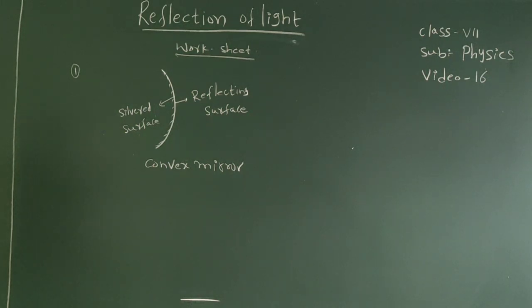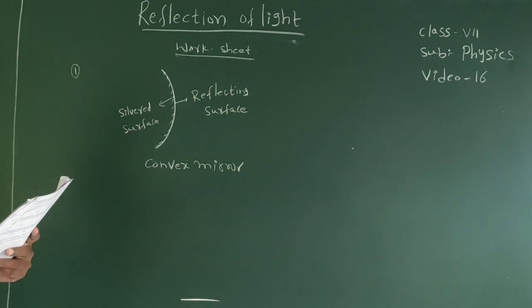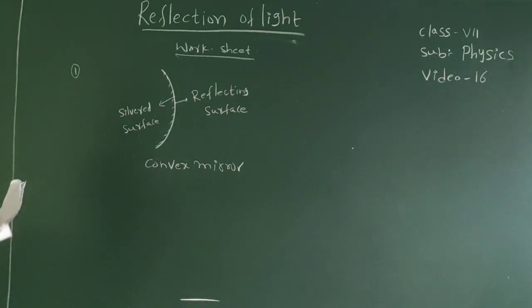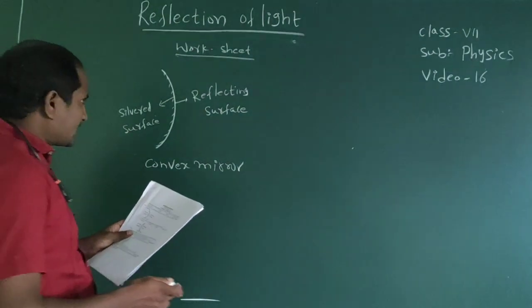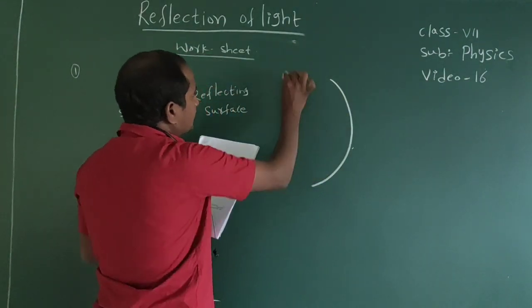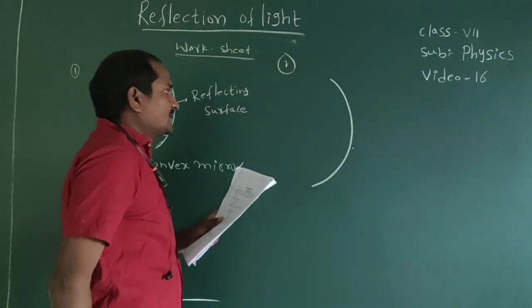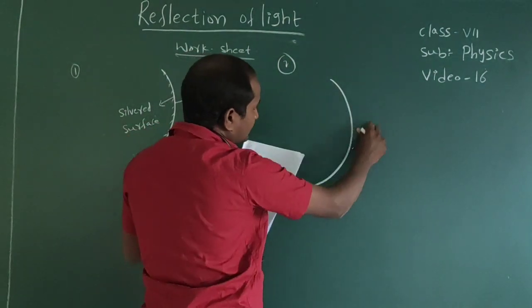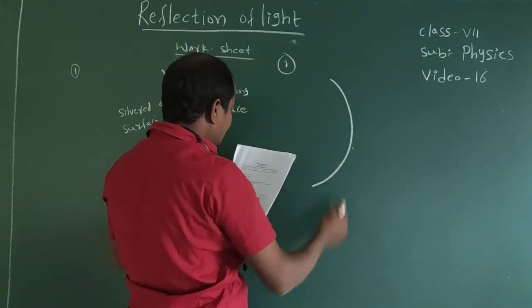Next one. If a convex surface of a spherical mirror is silvered, then it is called a concave mirror. Second one. It is the convex side, it is the concave side. Here, what is the given question?